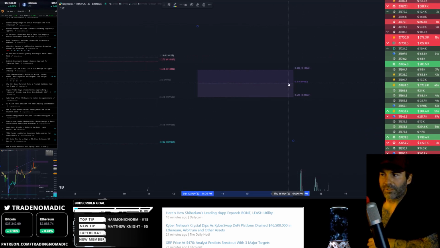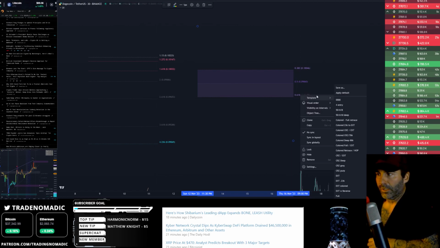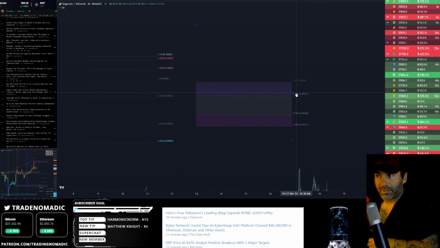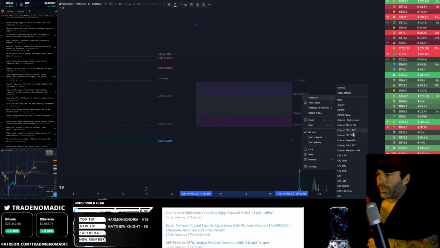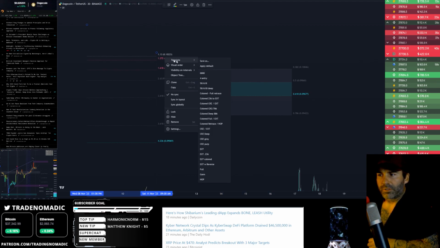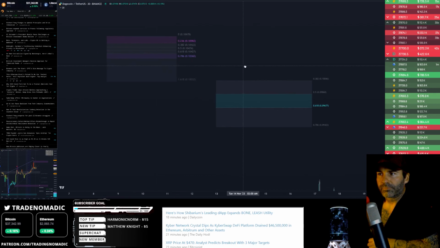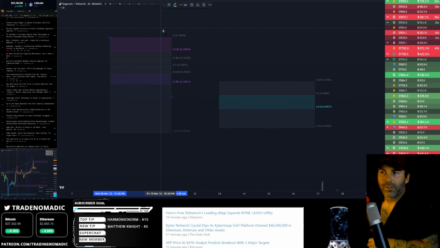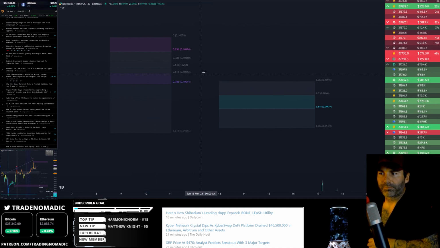This automatically puts in the 382, the 50%, and the 618, or one that has in the 50, the 618, the 786, and the 886. Just whatever levels that you are going to be using the most. You set up little templates so you don't have to spend time choosing these things.